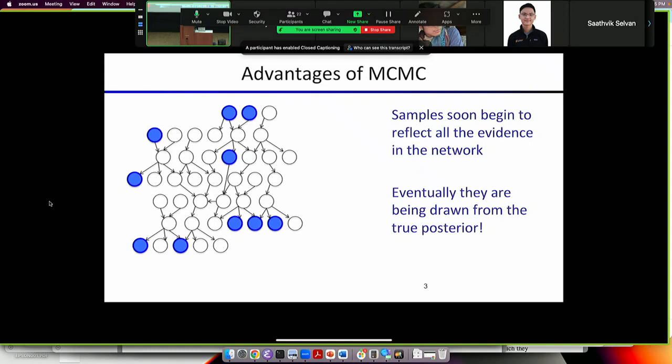In the first round of sampling, all the ones that I've marked now in light blue, they're adjacent to, or they're in the same Markov blanket family as an evidence variable, okay? So after one round of sampling, all those light blue variables are influenced by a neighboring evidence variable, okay?